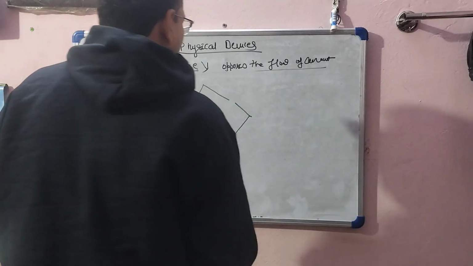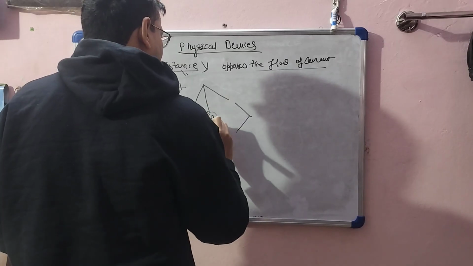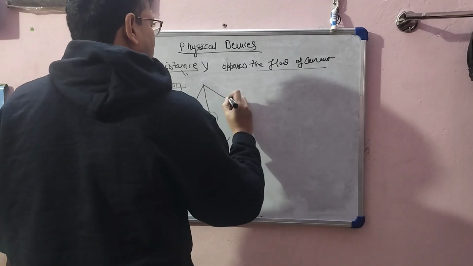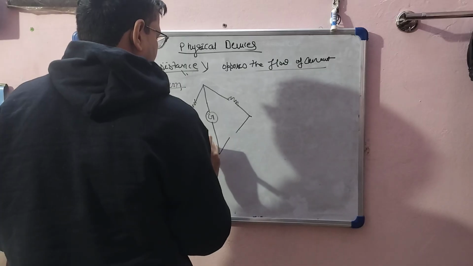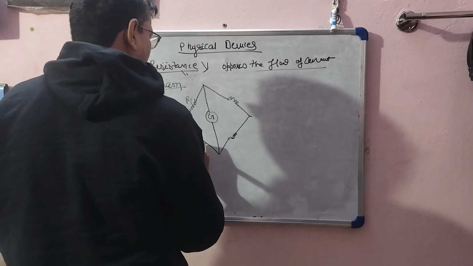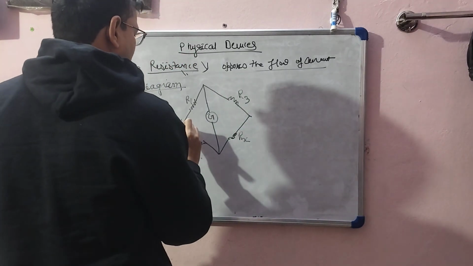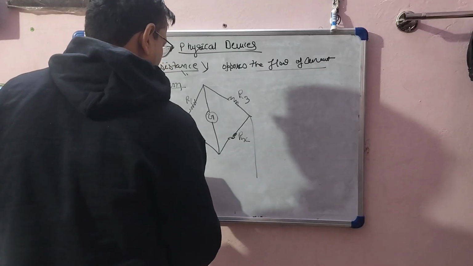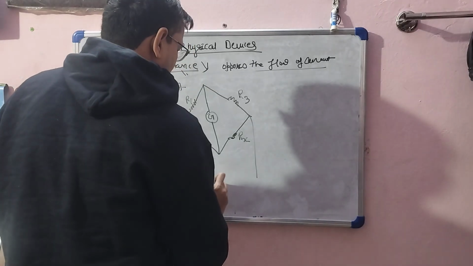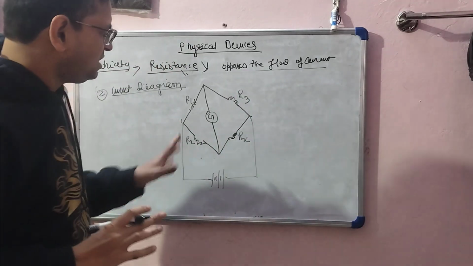There is a galvanometer. This is the resistance: R1, R2, R3 and Rx, the value of Rx. And there is a battery. This is the Wheatstone Bridge diagram.